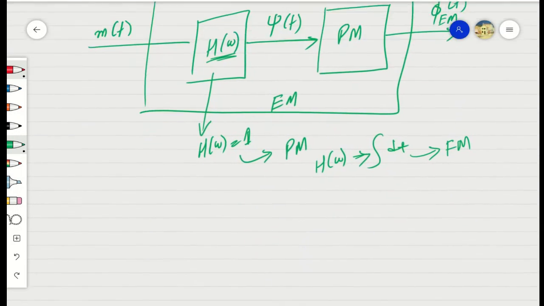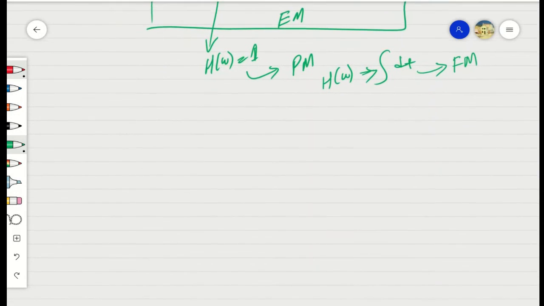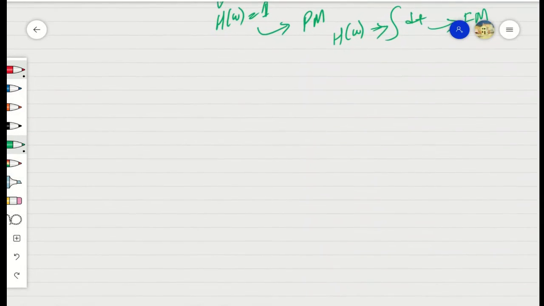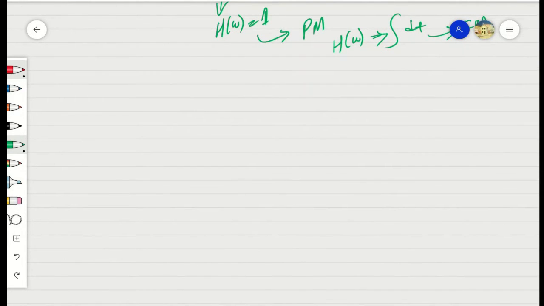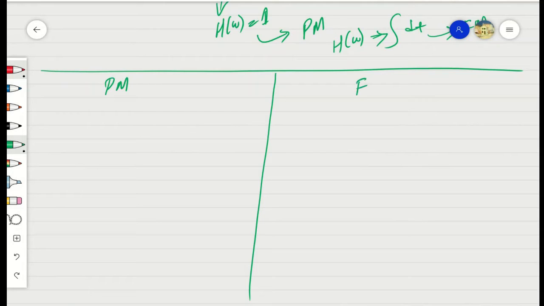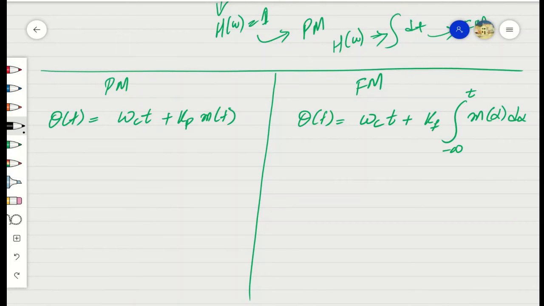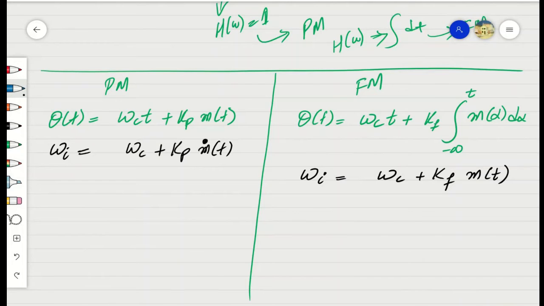In terms of the deviation caused in the frequency of the carrier signal by both phase and frequency modulation schemes, and the shifts caused in the phase of the carrier signal by both schemes, we can conduct an analysis. For example, for the case of phase modulation and for the case of frequency modulation, the expressions for instantaneous phase can be written as shown, and the expressions for instantaneous frequencies can be written as shown, where it can be observed that in the case of frequency modulation, information is added into the frequencies.